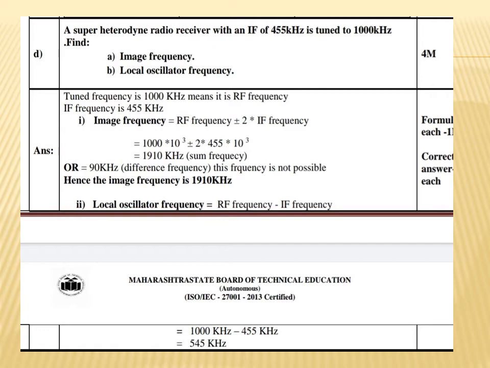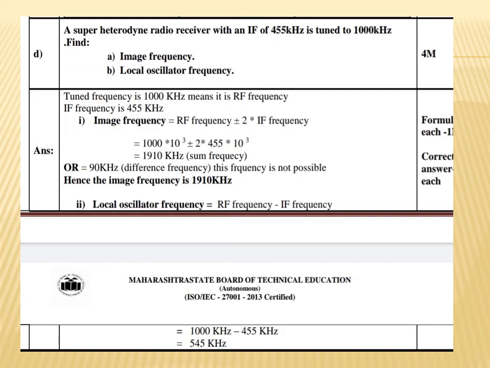So we are getting 1910 kHz as the sum frequency, and the difference frequency is 90 kHz. This 90 kHz frequency is not possible, so we consider the image frequency as 1910 kHz. So this is the image frequency.